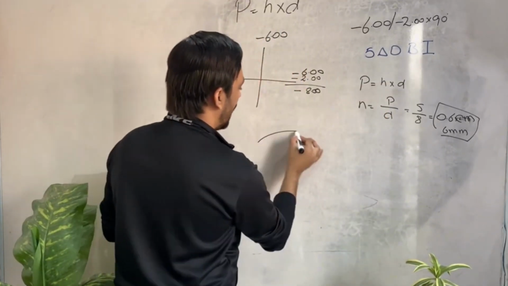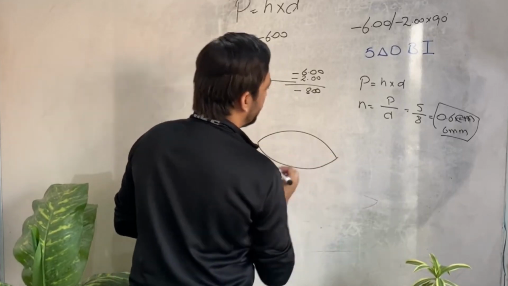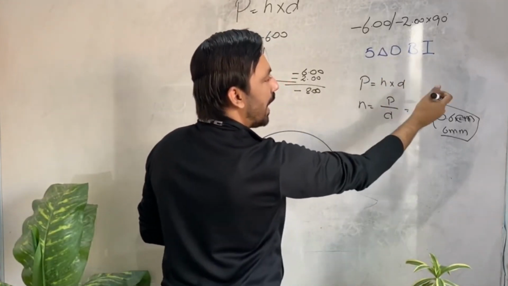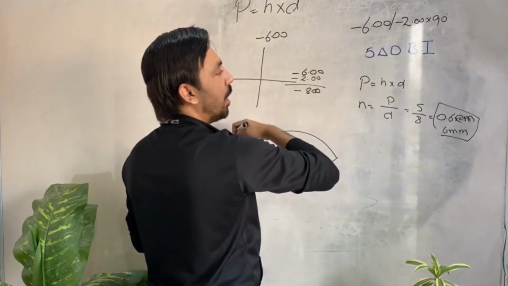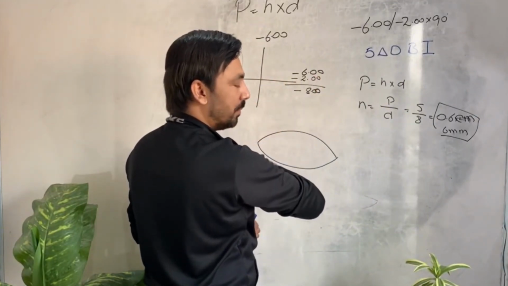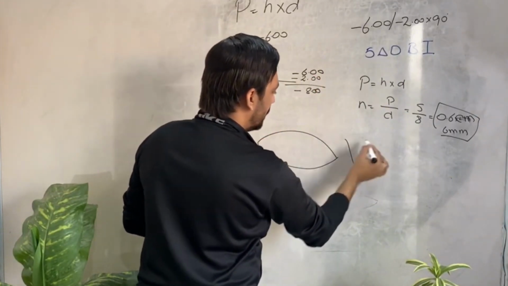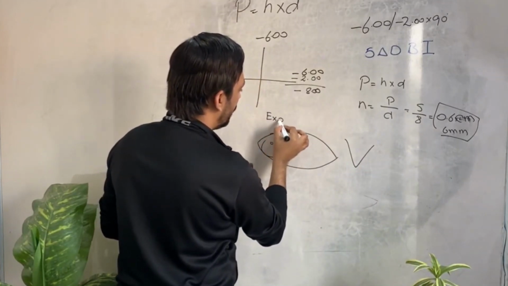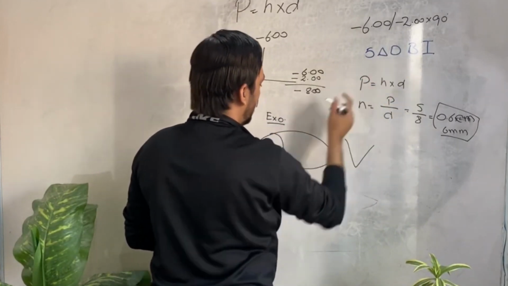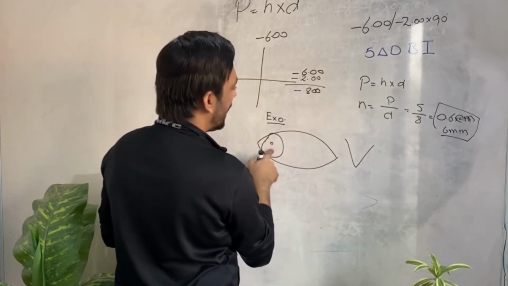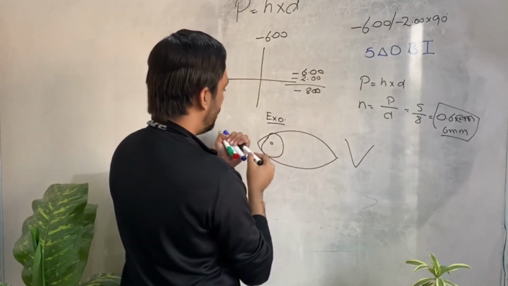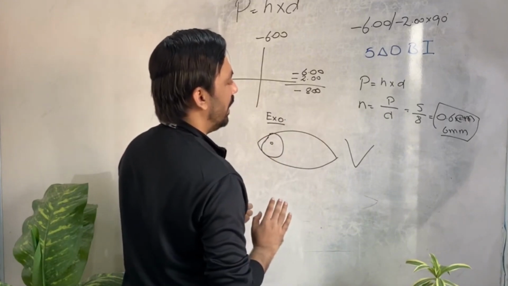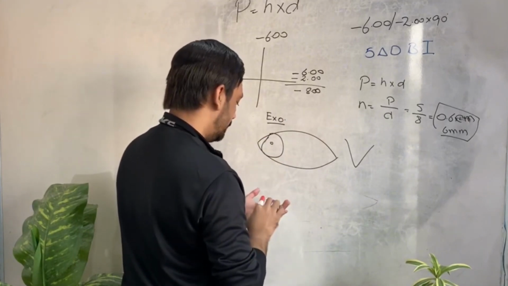Now, for example, this is the eye, and base in means apex out. If the apex is out, the deviation is out, right? So the deviation is exo, and the lens is minus spherical.